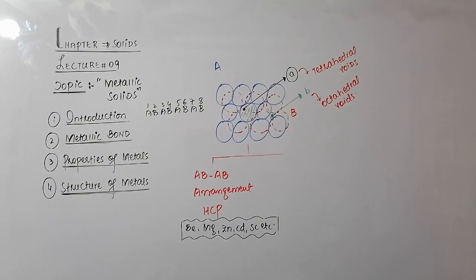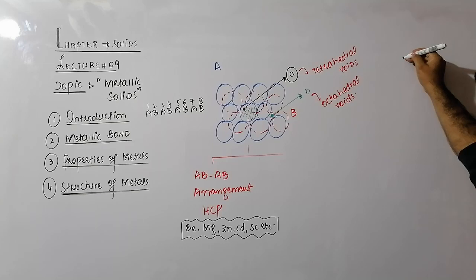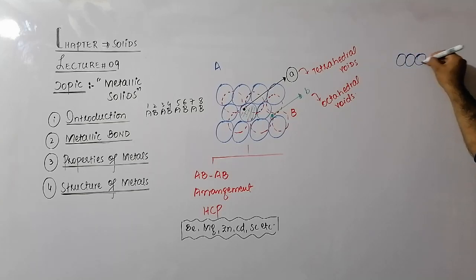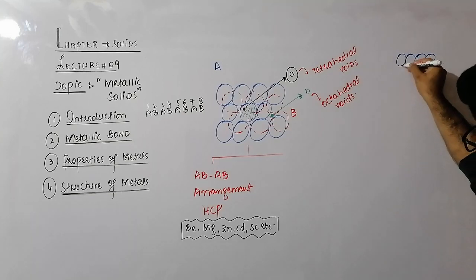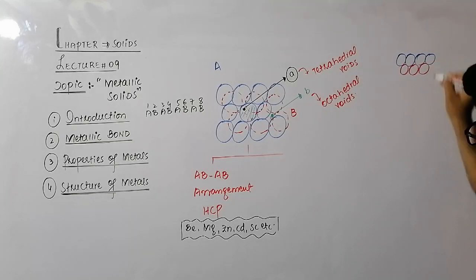So let us draw this now. It is not difficult to draw this one. Just show the layers. These are the atoms of the A layer, suppose. Then these will be the atoms of the B layer. Again atoms of the A layer.